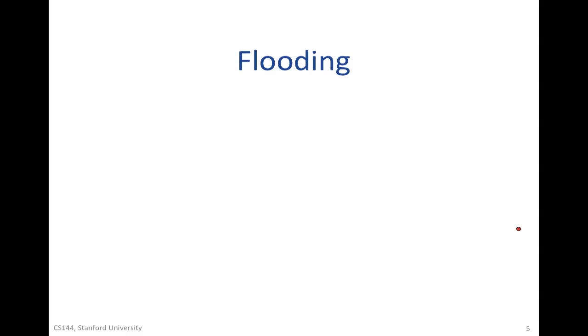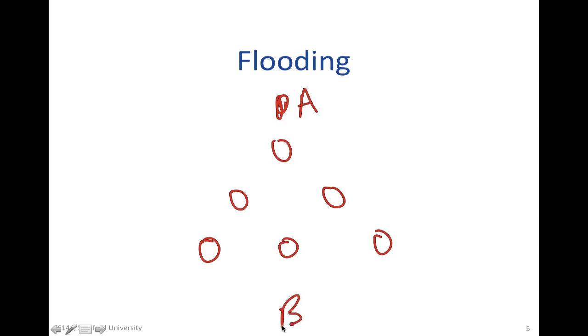So in flooding, if I've got a source, A, sending through the network to a number of routers, let's say to B down here, then if we use flooding as an approach to reach B, packets from A could simply be replicated at each router along the path by sending out of every interface except the one through which the packet arrived.